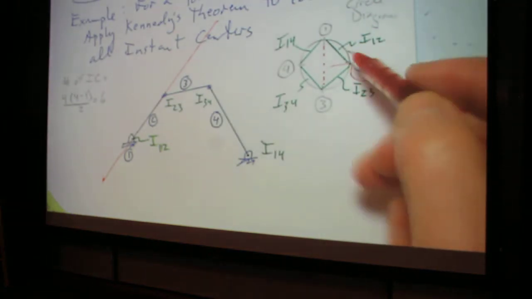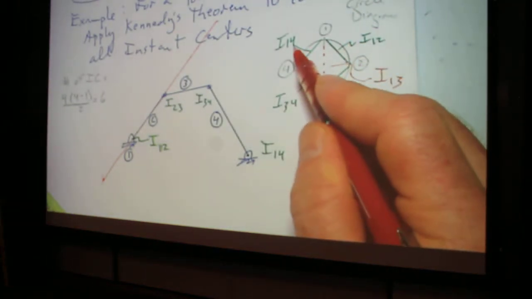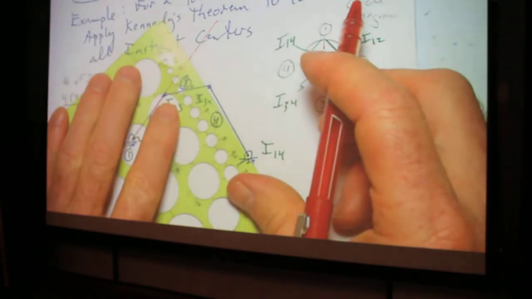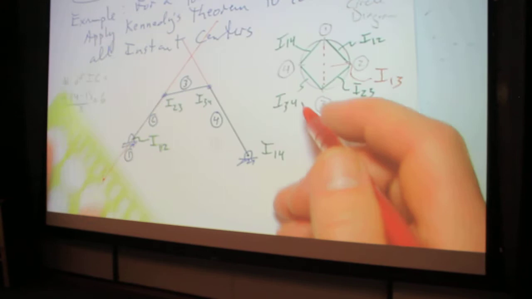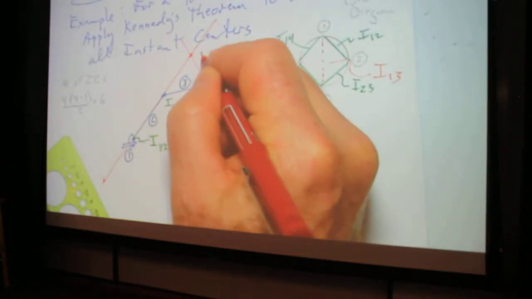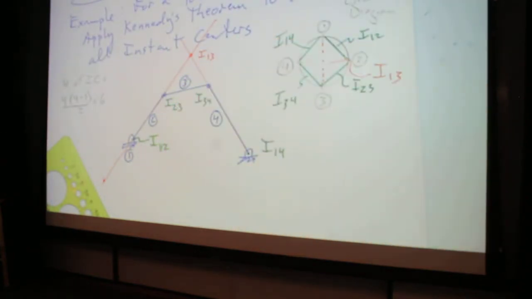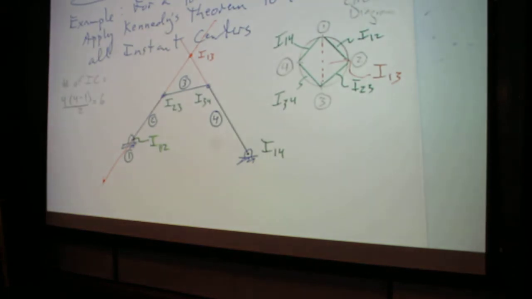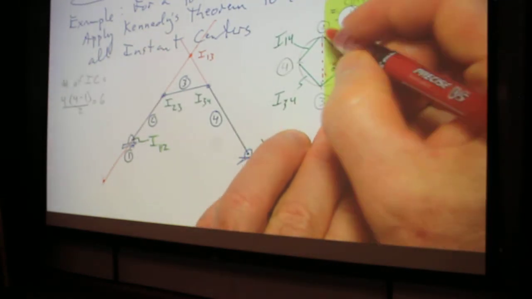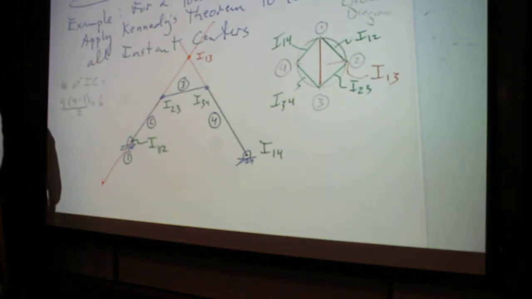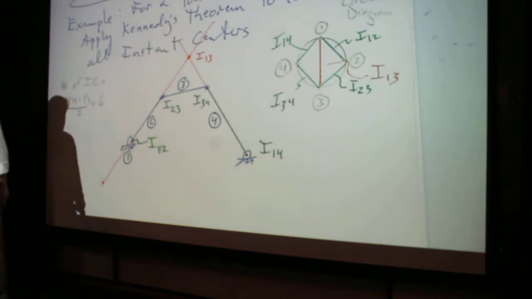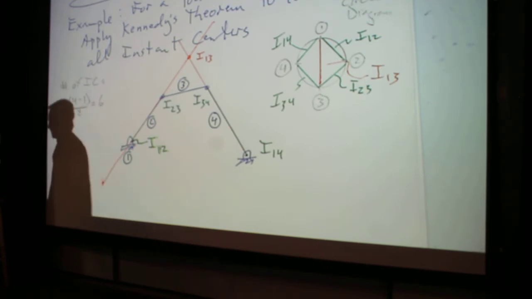And then we draw a line on the flip side, 1, 4, and 3, 4. Where those two lines intersect is I13. That's applying Kennedy's theorem to this. I know I'm going fast because I'm out of time. So I make that dashed line a solid line once I identify it and find it.